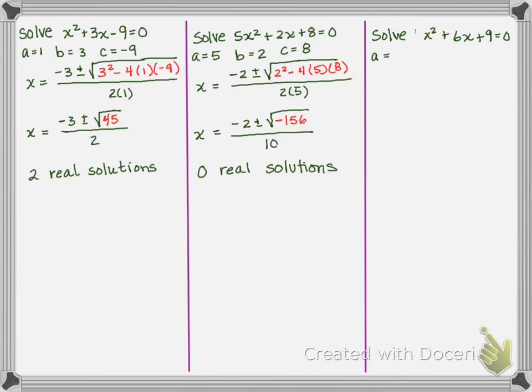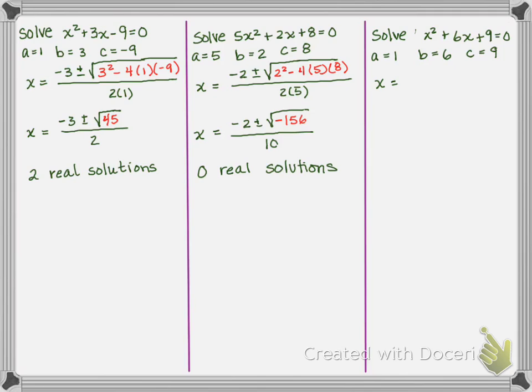So A equals 1. I only use the quadratic formula when I can't factor, and completing the square is more work than the quadratic formula. Okay. B is 6 and C is 9.